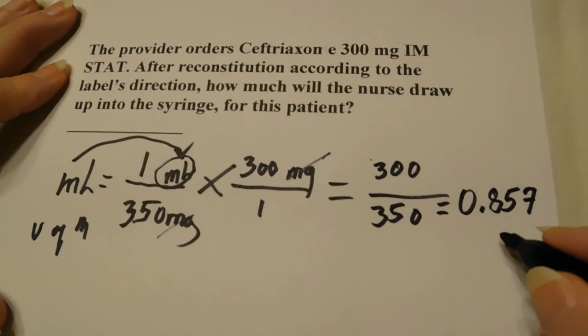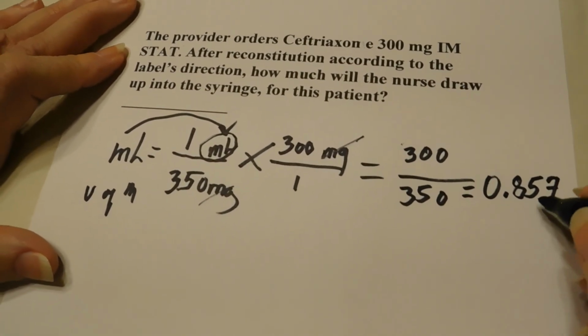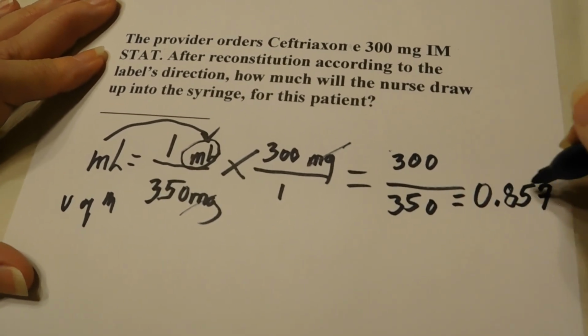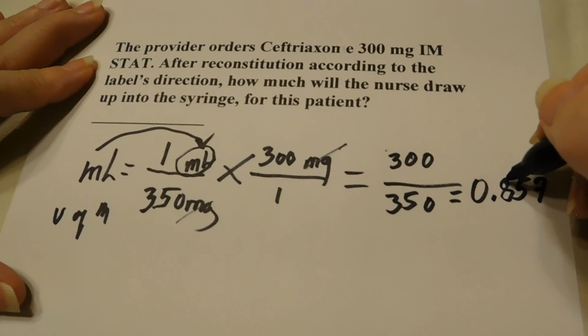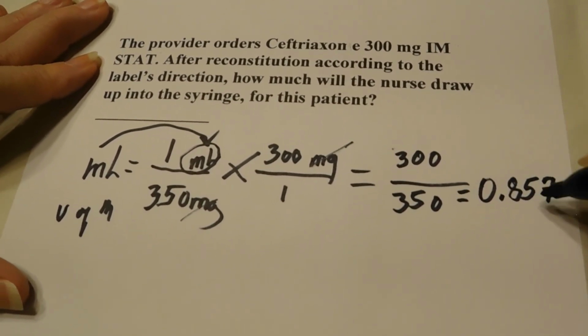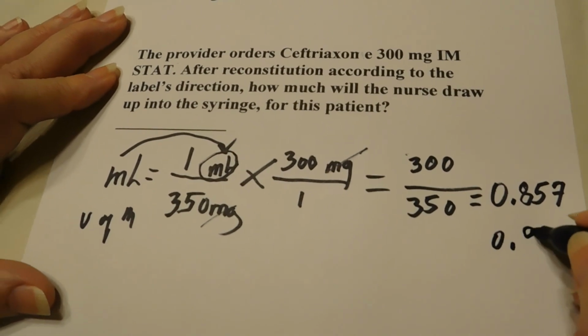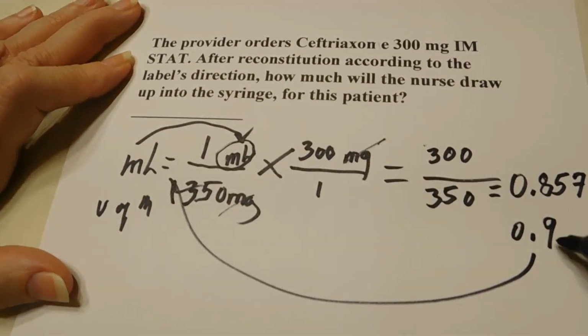Now we're going to round to the nearest tenth, which means we look at the hundredth. When we round, we look at the hundredth spot. If it's 5 or greater, the tenth spot will bump up. So it is 5 or greater, so this becomes 0.9. 0.9 what? 0.9 milliliters.